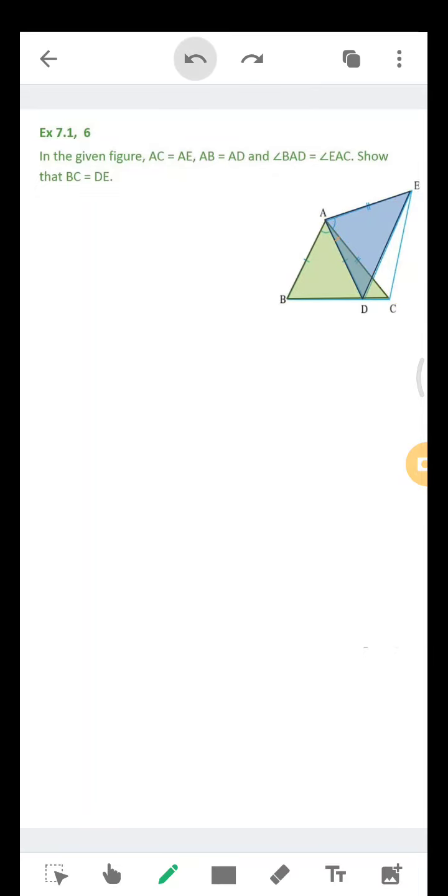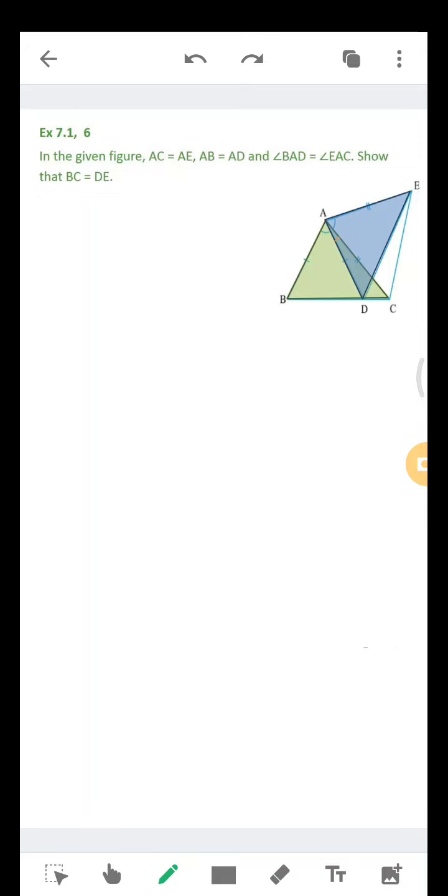Parts are given, but you can observe one angle is incomplete here. This BAD is given, but for proving triangle ABC we need BAC. I need the BAC angle here. For the other triangle ADE also, only this part is given, but I need this complete angle. The complete angle is not given, so that missing part can be added in both the angles.